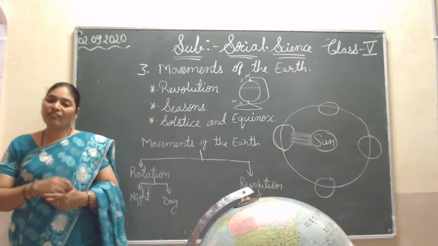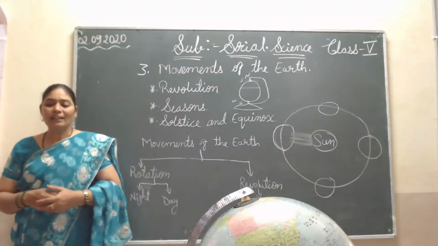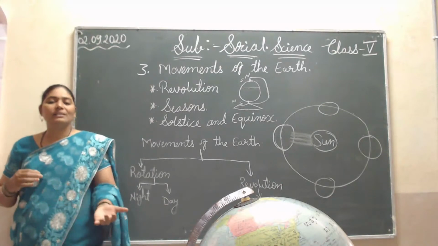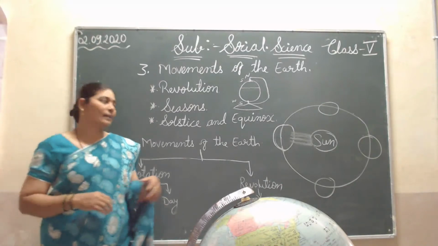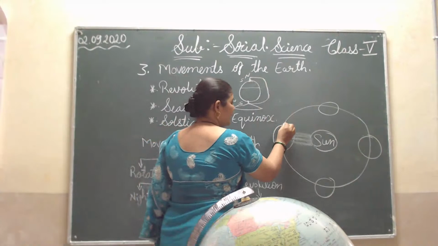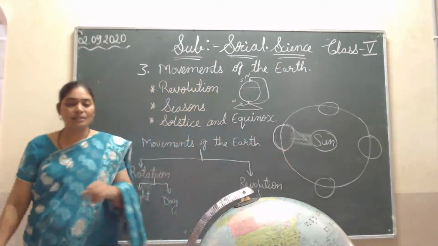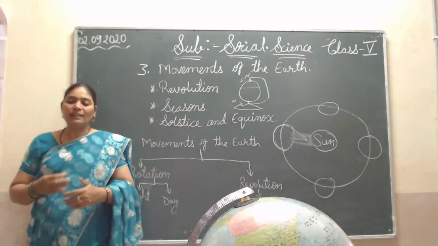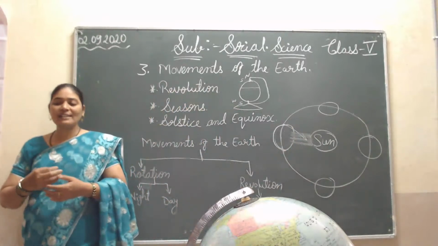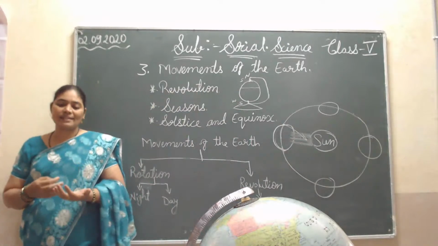Okay, then on 21st June every year, the northern hemisphere is towards the sun. Here the northern hemisphere is directly facing the sun, in June, 21 June. Then the rays of the sun fall directly on the Tropic of Cancer.